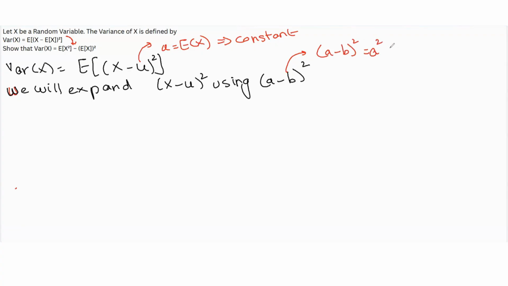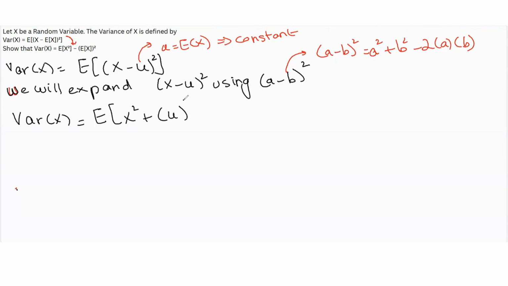We know this is a square plus b square minus 2ab. So using this identity, we will first expand what we have inside the expectation. This will become the variance of x is equal to the expected value of x square plus mu square minus 2x times mu. This is what we've applied here.